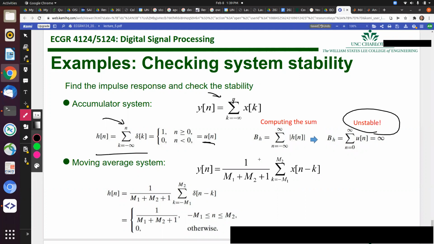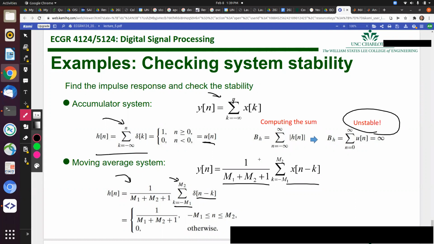Now the moving average system, on the other hand, which is represented like this, is the impulse response of the moving average system. It starts from minus m1 to m2, and it's these delta functions. And so when you sum this up, this is what the sum comes to.